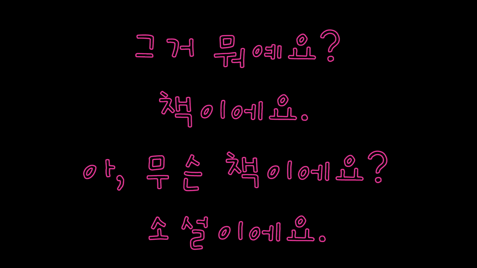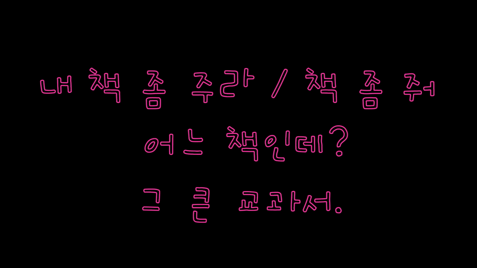And they can answer, 소설이에요. 소설이에요 means it is a novel. So let's review. 그거 뭐예요? What is that? 책이에요. It's a book. 무슨 책인데요? What kind of book is it? 소설이에요. It's a novel.